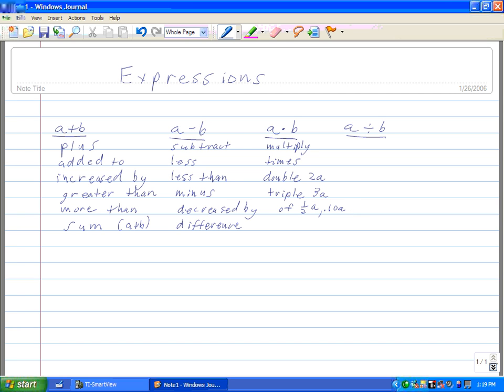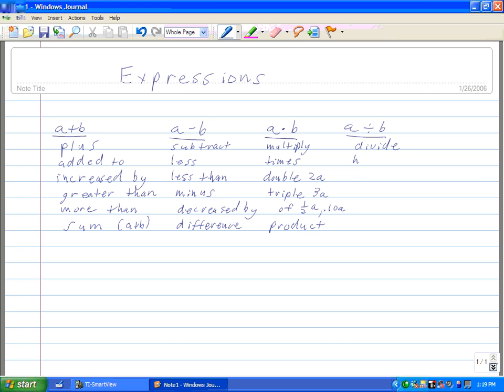So of is used with fractions, and it's used with percentages as well. Again, the textbook word, though, to use for multiplication is the word product.